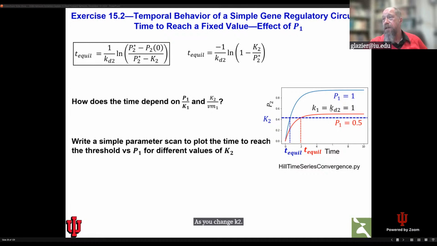And you could set K1 and KD2 equal to 1. That makes things a little bit easier because then P2 star is 1.